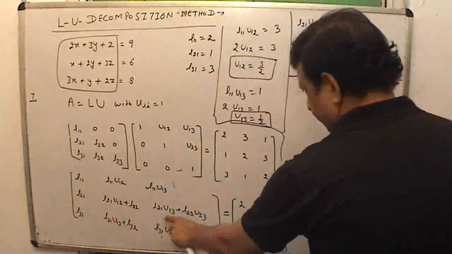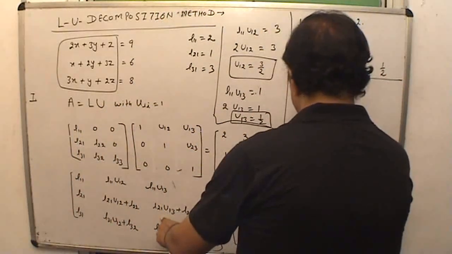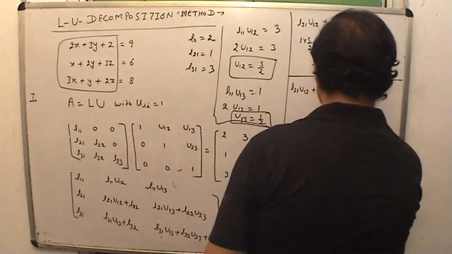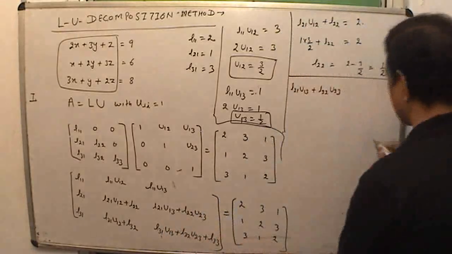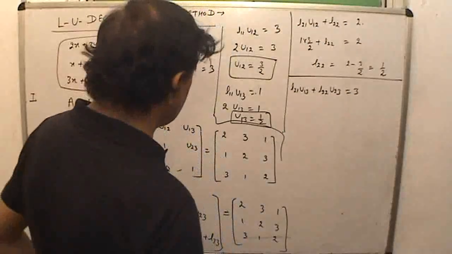After that we take this equation, L21 U13 plus L22 U23, this element is equal to 3, and put the available values for this.